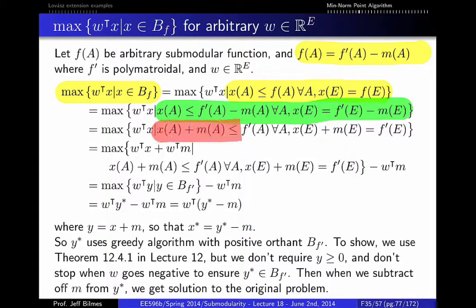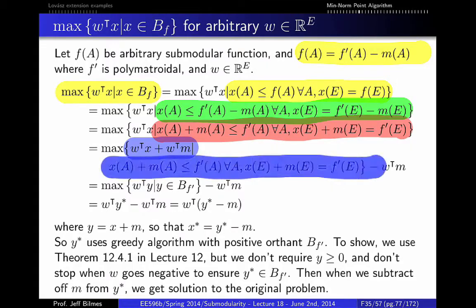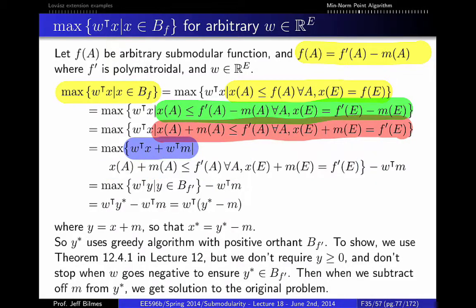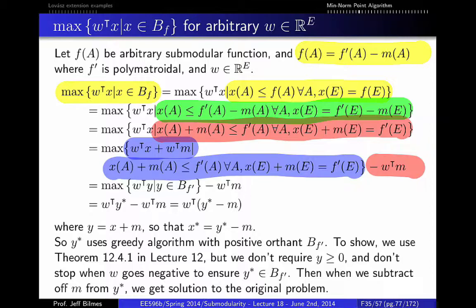We can move m to the other side, and we get that. And then what we get is a variant of the problem, where we're maximizing this subject to this set of constraints, and where we've removed w transpose m from the problem, since it doesn't affect the maximization problem.